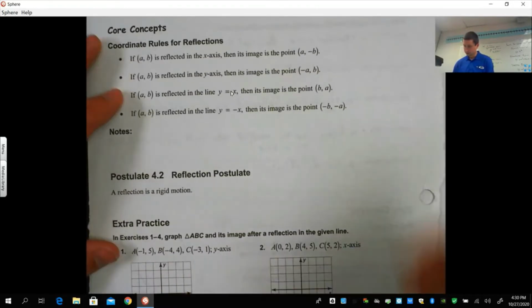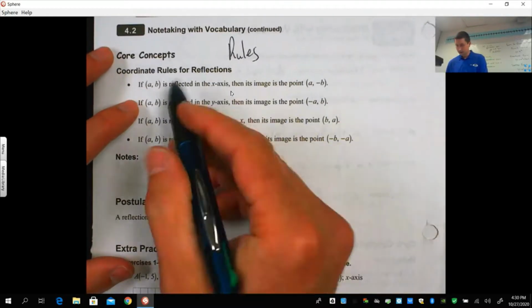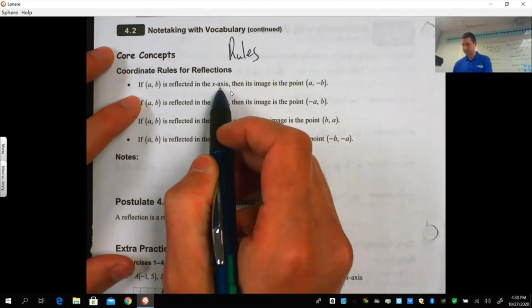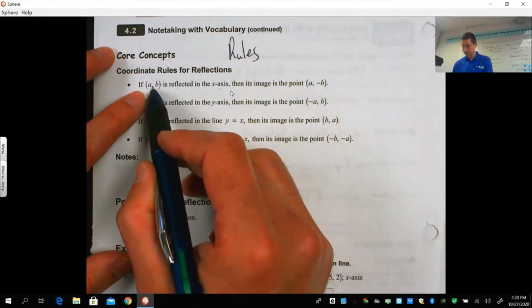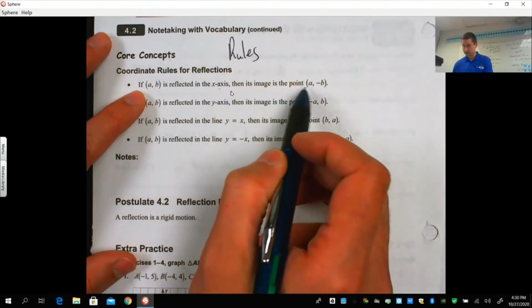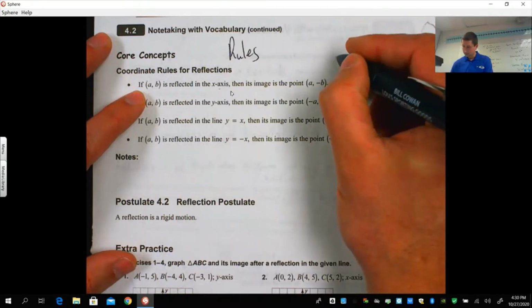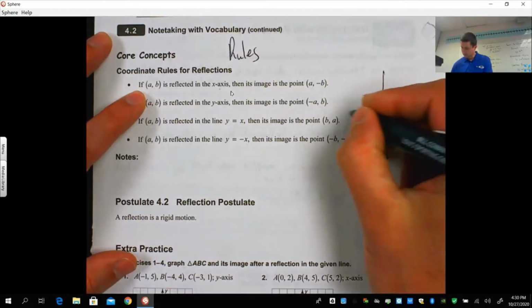Okay, so here's our rules. There's our rules for reflections. If we're reflecting over the x-axis, then its image point is A, negative B. So if you have a point A, B, and you reflect it over the x-axis, then its image is A, the opposite of B. So think of it this way. Let's make my line.